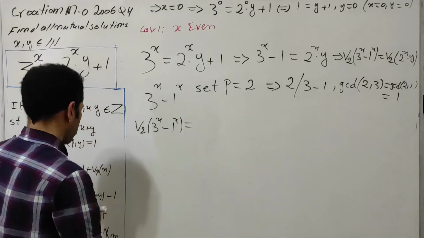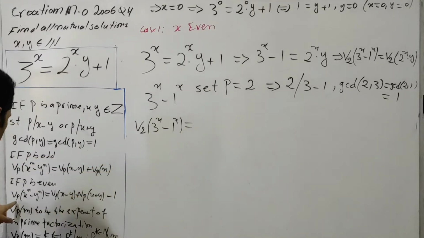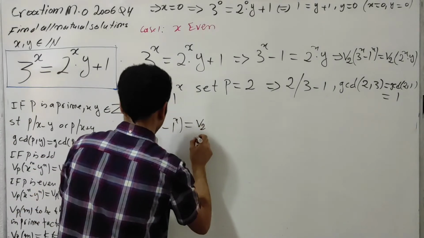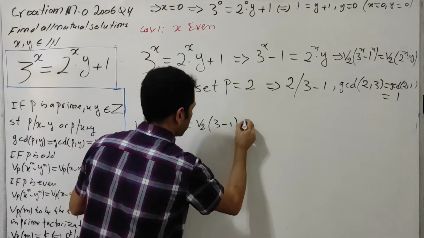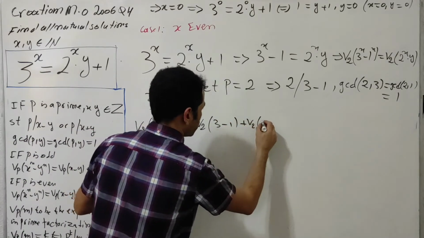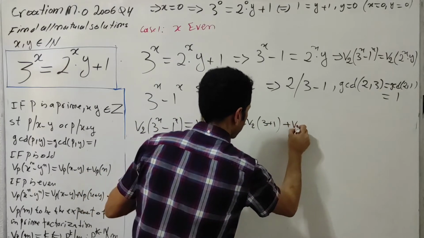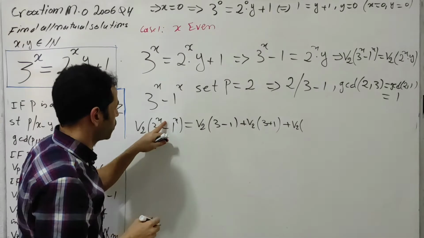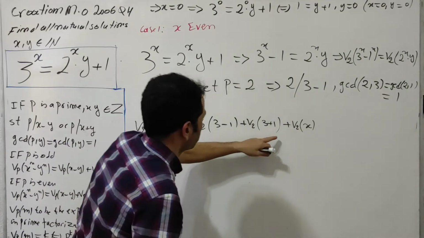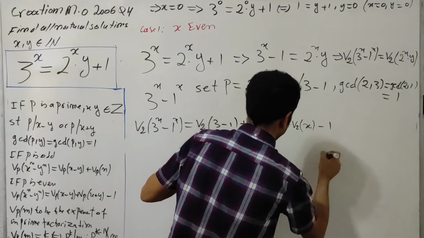I'm going to apply this formula because we have an even prime, as we have here. This means v of 2 of the difference of these two numbers, 3 minus 1, plus v2 of the sum of these numbers, plus v of 2 of the exponent. The exponent is a natural number, you have to have a natural number here, x. That's what we have in our conditions. Then minus number 1 at the end.